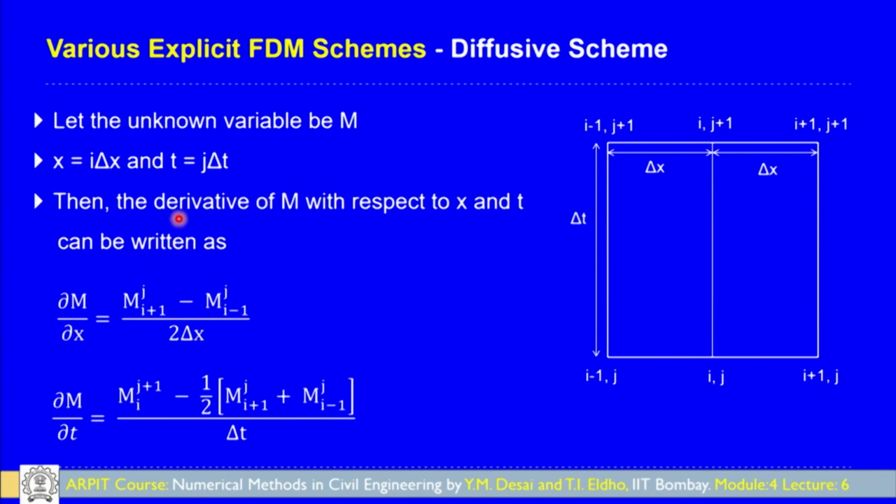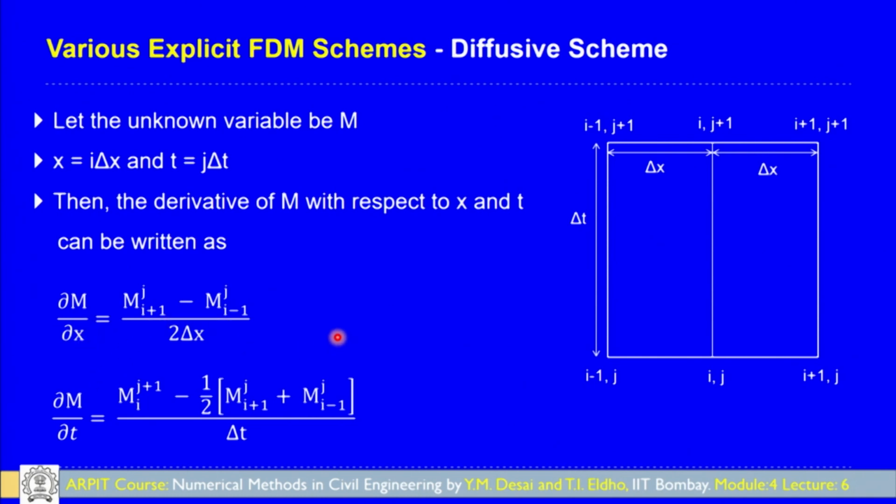For example, if m is your variable, then in the diffusive scheme we can write del m by del x is equal to m(i plus 1, j) minus m(i minus 1, j) divided by 2 delta x. That means the value of m at one location minus the value at the other, divided by 2 delta x, gives the derivative del m by del x.